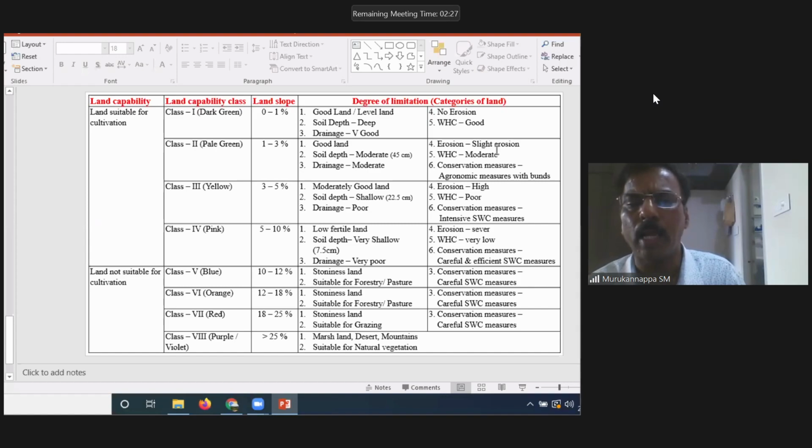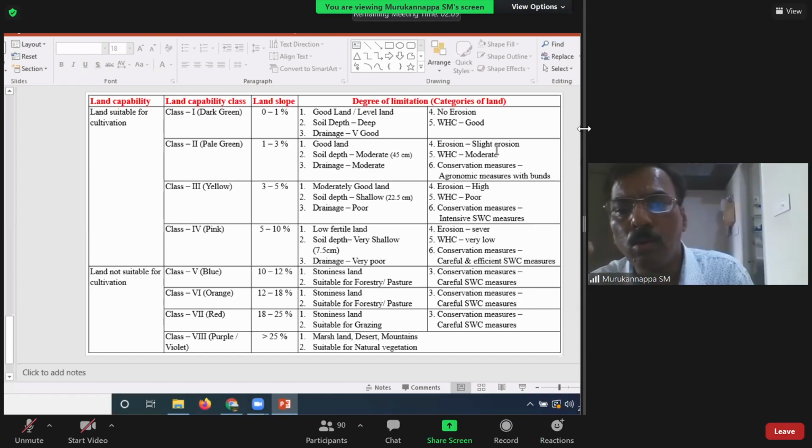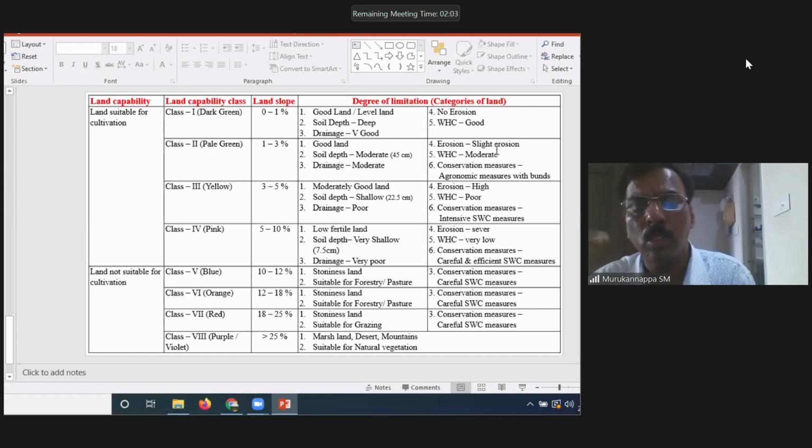At the same time, when the classes are higher, it will require conservation measures, from light or very low vegetative measures to tillage, and very careful and very strong conservation measures. Did you observe this one?